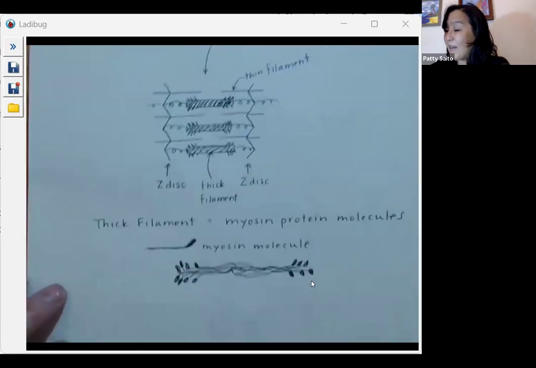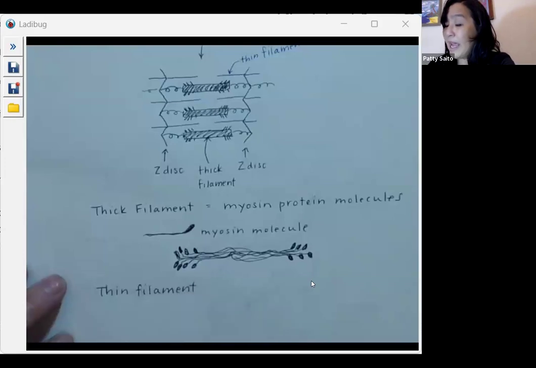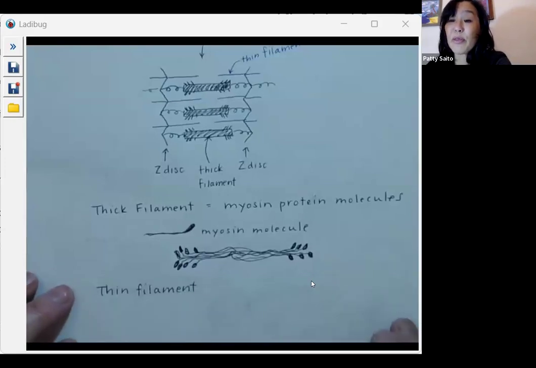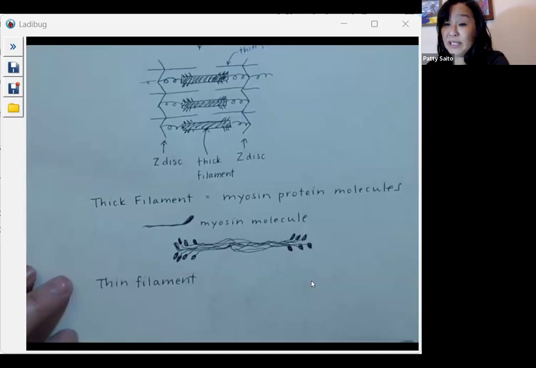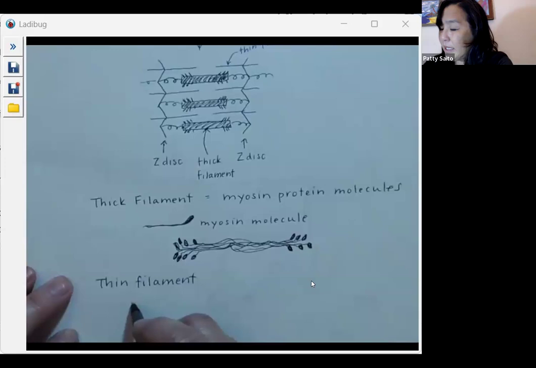Let's take a look at the thin filament. It's a little more complex, even though it's smaller. This is made up of 3 different proteins. The first one, let's call it A, is called actin. It's an actin molecule.